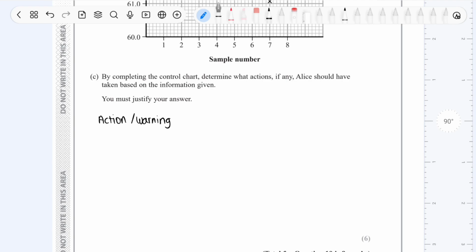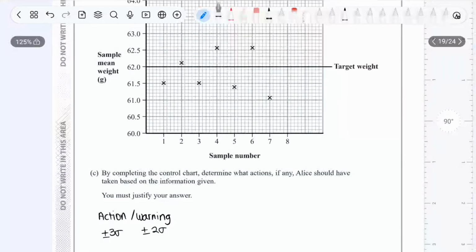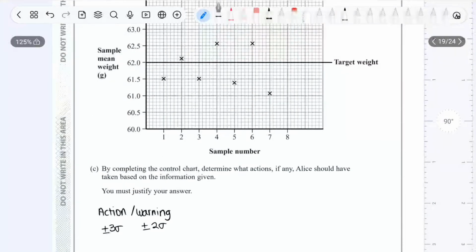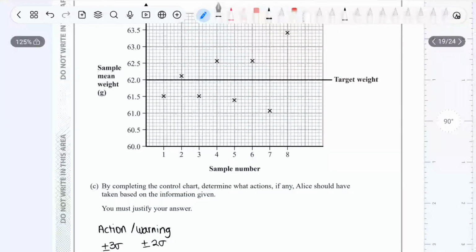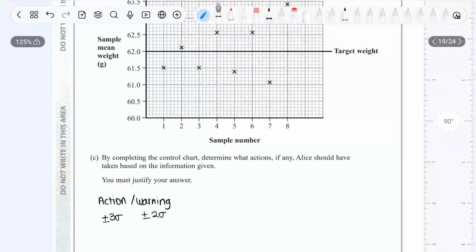And this happens at plus or minus 2 standard deviations and plus or minus 3 standard deviations. Now the idea is, if any of the data falls outside 2 standard deviations, then we're going to give a warning. Now, if it falls outside the action limits, the upper and lower limits, then we will actually take action, and in most cases it's stopping the production line.